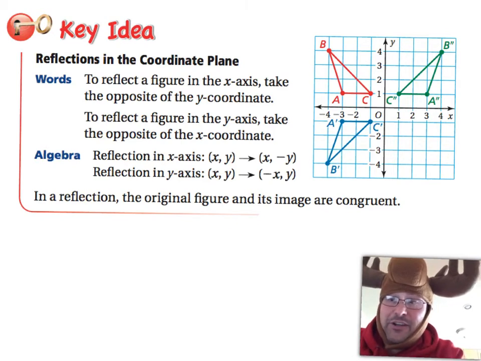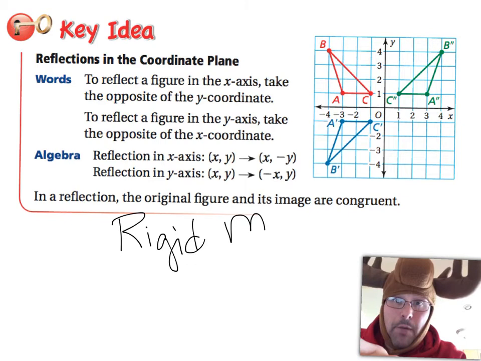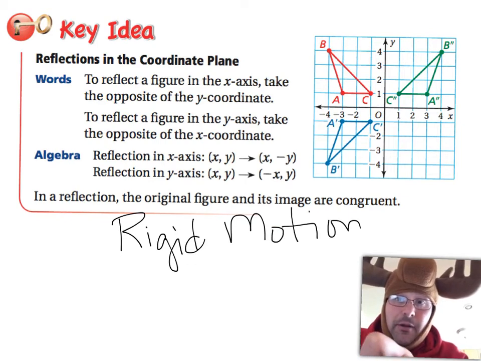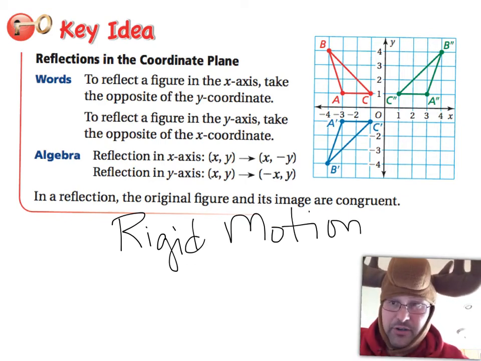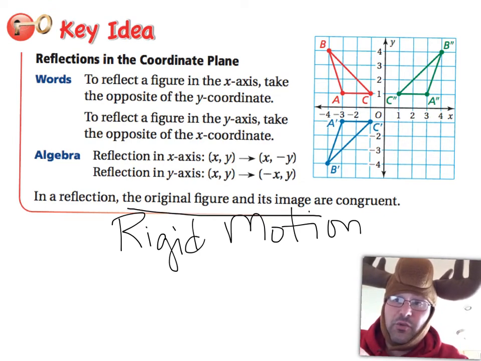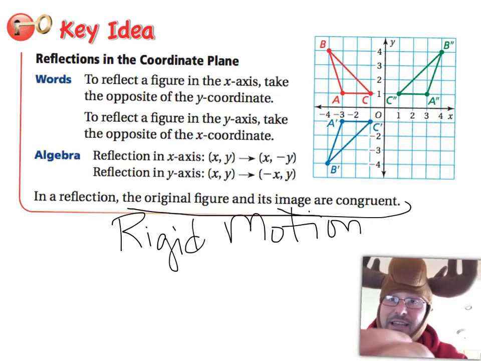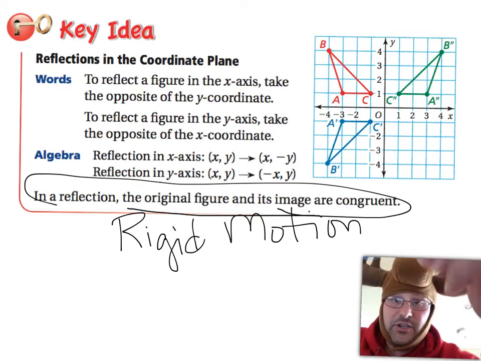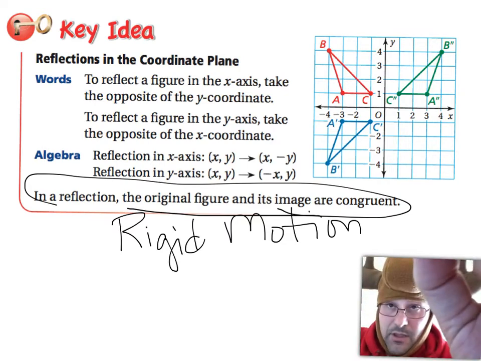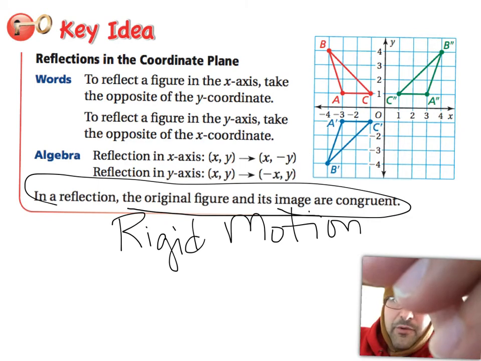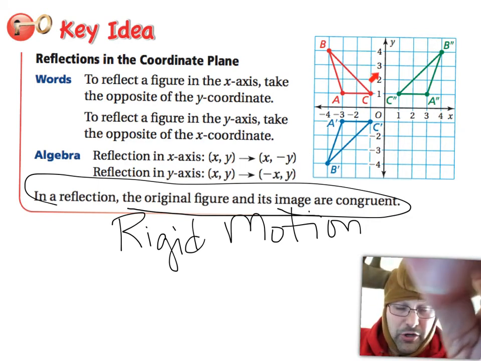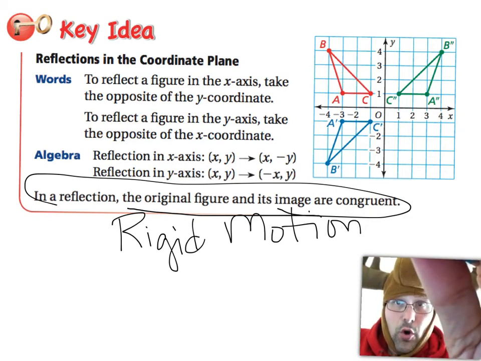So in a reflection, once again, this is a rigid motion. So a rigid motion, because in a reflection, the original figure, which is called the preimage, and its image are congruent. So let's look up here at the top. If I reflect the original shape here, triangle ABC, over the x-axis, it goes down.